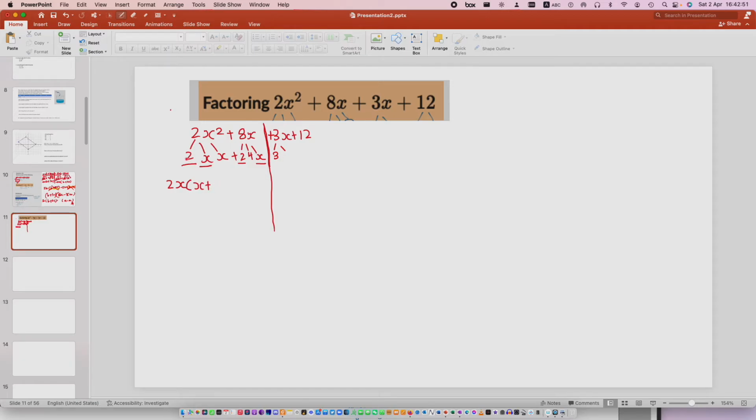You better cross it out, otherwise it's very hard to see. When you cross it out, it's easier to see, right? Good. Now you do the right hand side.